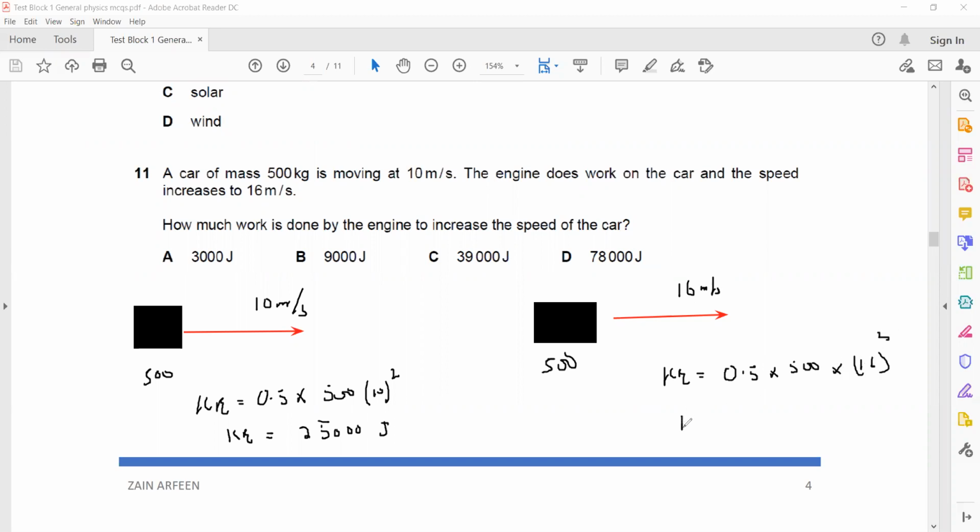So how much energy was generated by the engine when the car was moving at 16 meters per second? 16 square multiplied by 500 multiplied by 0.5, so you will get 64,000 joules. So how much extra energy, or how much work is done to increase the speed? Change in energy: 64,000 minus 25,000. So the extra energy generated is 39,000.